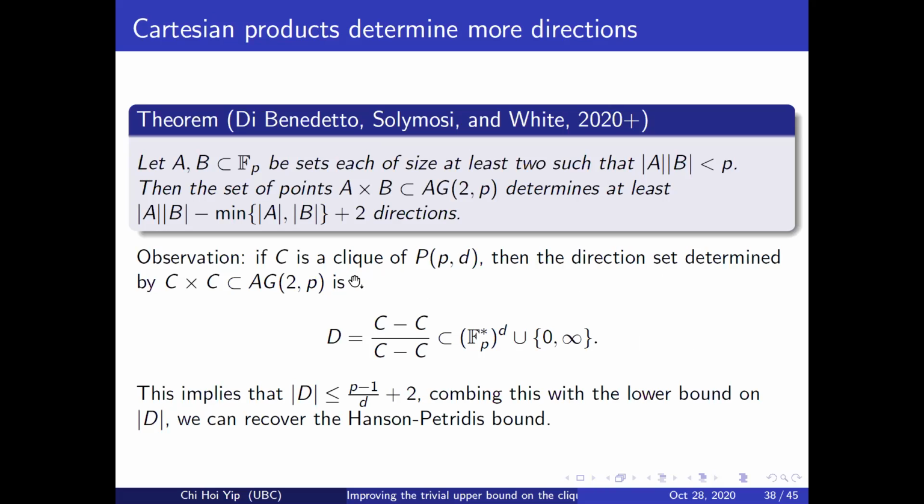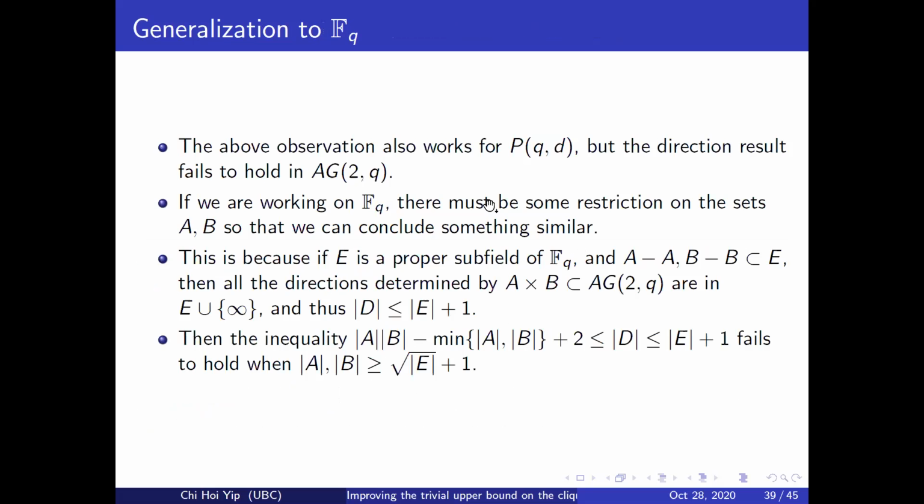Here the observation also works if we change p to q because everything is identically the same. But the problem is that this theorem fails to hold when we change p to q, because of the following observation.